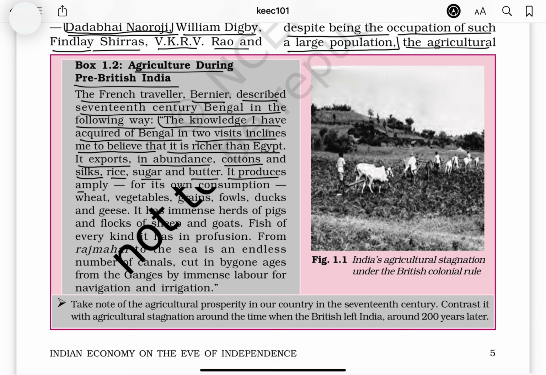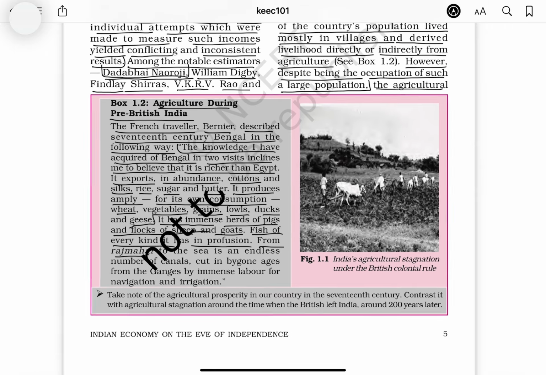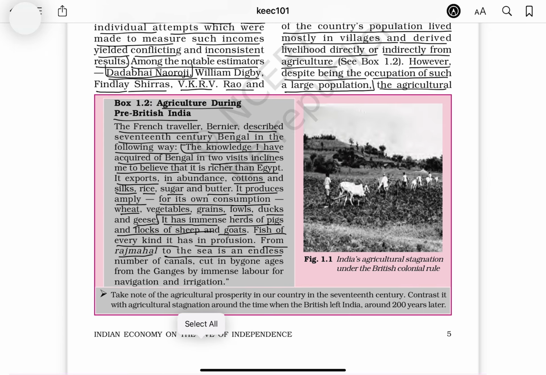It produces amply for its own consumption wheat, vegetables, grains, fowls, ducks, and geese. It has immense herds of pigs and flocks of sheep and goats. Fish of every kind it has in profusion. From Raj Mahal to the sea is an endless number of canals, cut in bygone ages from the Ganga by immense labor for navigation and irrigation."